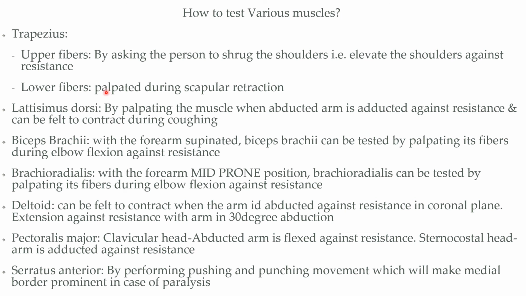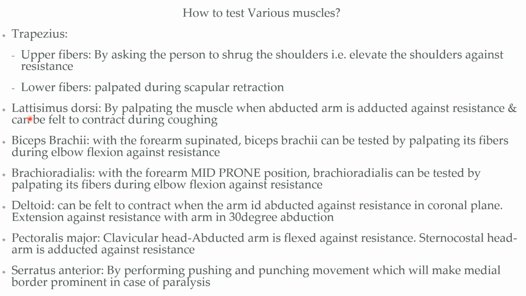For example, to check the upper fibers of trapezius, we ask the person to shrug the shoulders against resistance. If he is able to do so, the upper fibers of trapezius are intact, that is functioning normally. The lower fibers of the trapezius can be tested by asking the subject to perform scapular retraction.